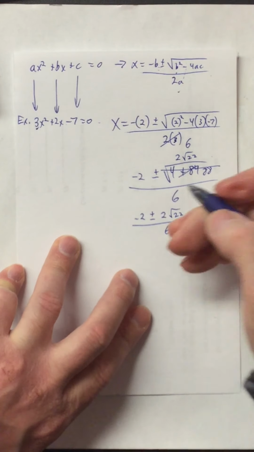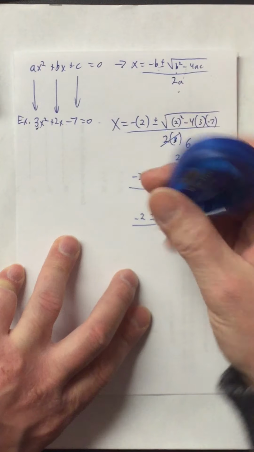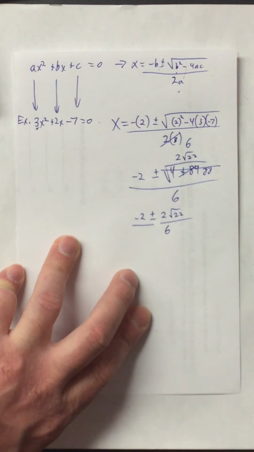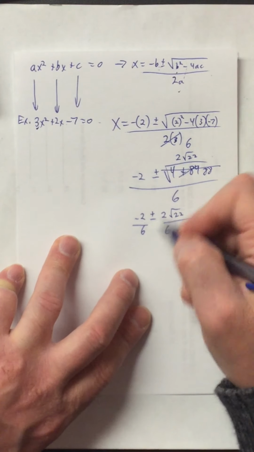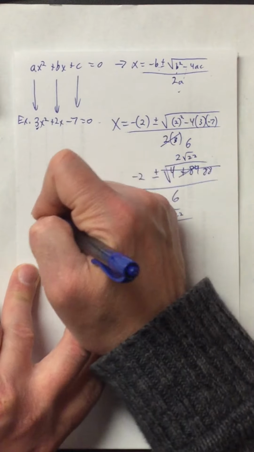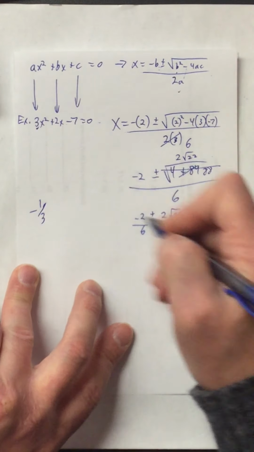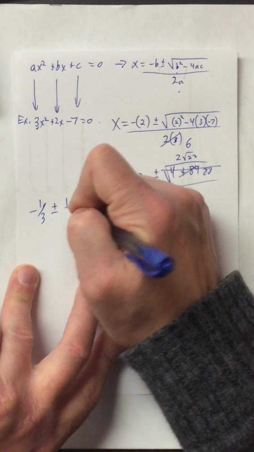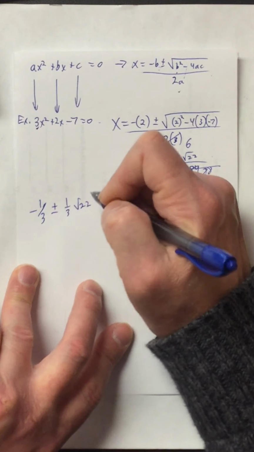I can reduce this a little bit here. Since they're both over top of 6, I can separate those out. If I separate it like that and write this under 6 as well, I can reduce those. 2 over 6 is the same as 1/3. So negative 1/3 plus or minus 1/3 the square root of 22.